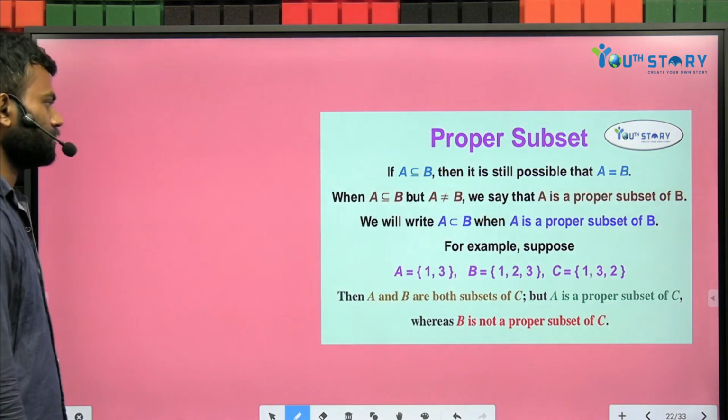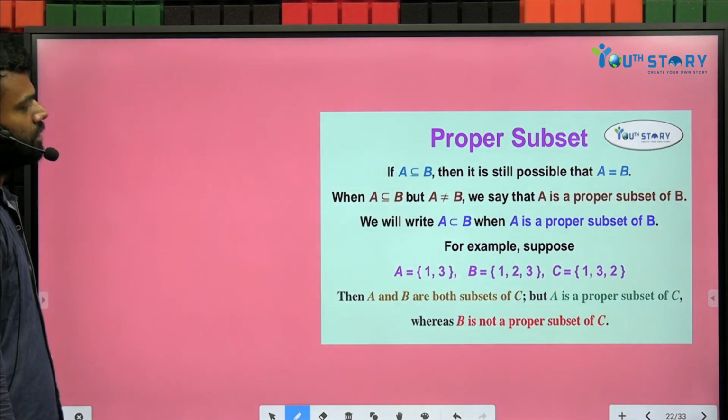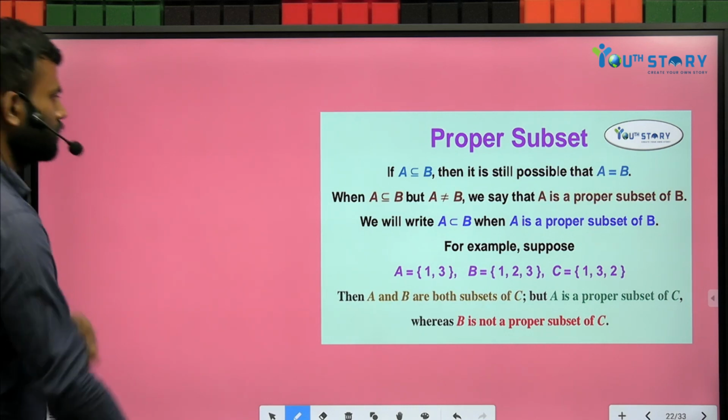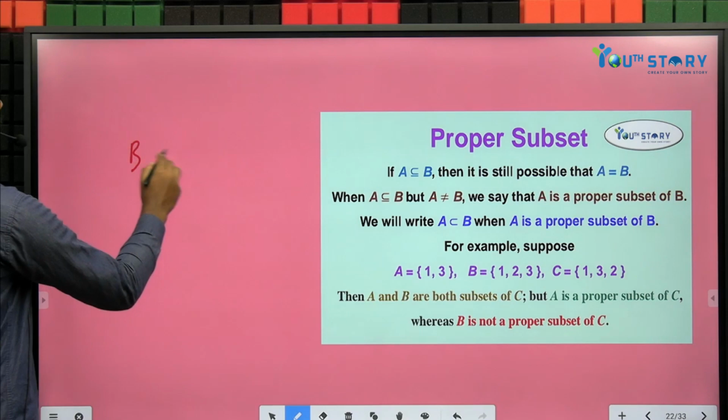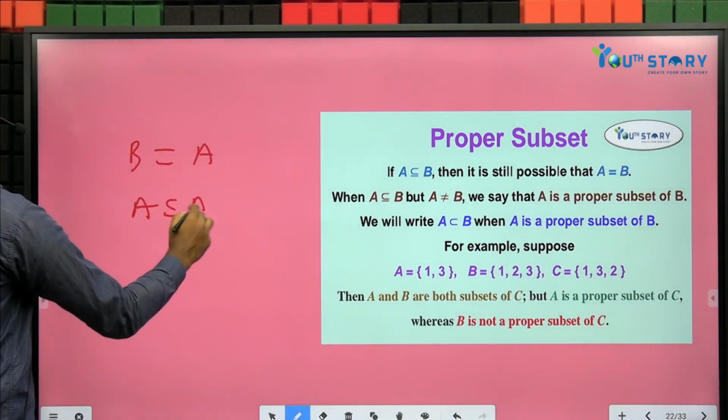Now, suppose A is a subset of B. Then it is still possible that A equals B, since every set is a subset of itself.